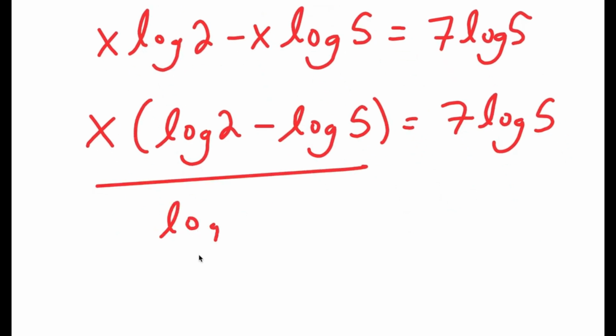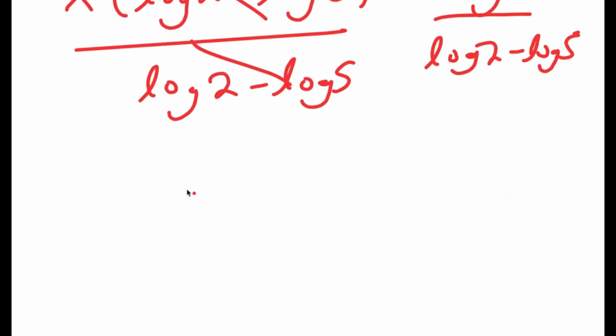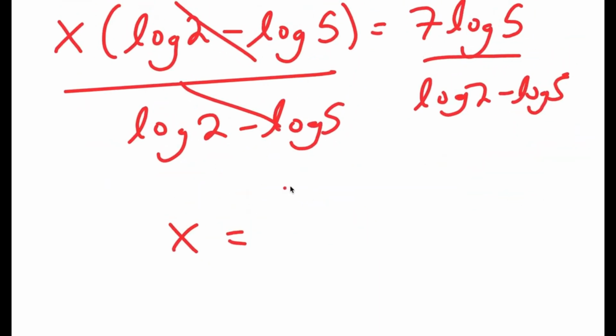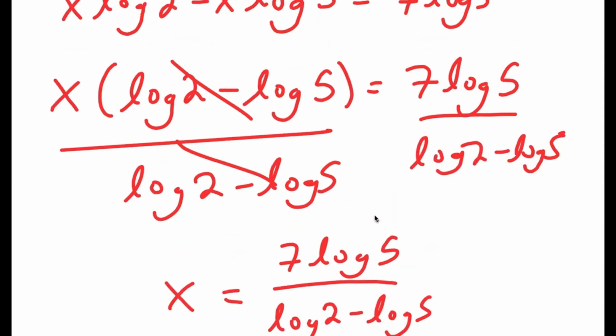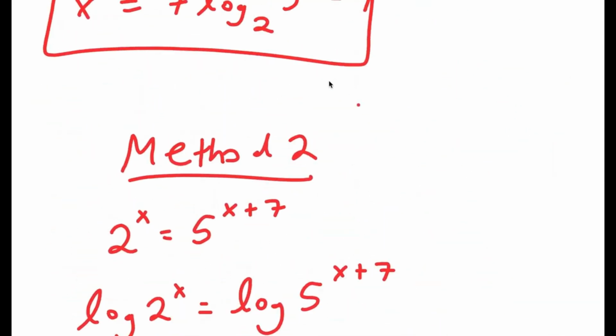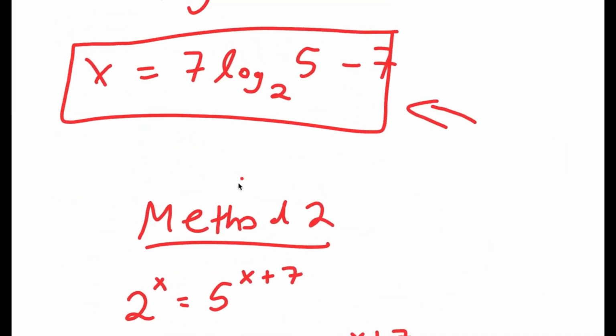And divide log 2 minus log 5 on both sides. So these two cancel out, and I get x is equal to 7 times log 5 over log 2 minus log 5, which again simplifies to this. So x equals 7 times log base 2 of 5 minus 7 is my answer.